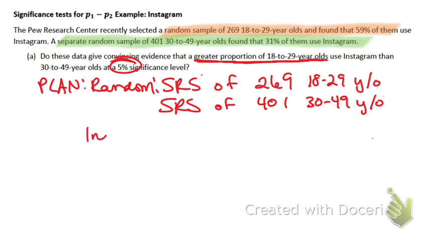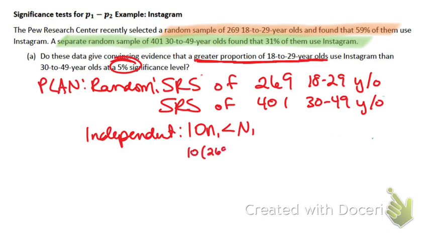Independent. 10 times our first sample size has to be less than our first population size. 10 times 269 is 2,690. Do you think that that is less than the population of 18 to 29-year-olds?